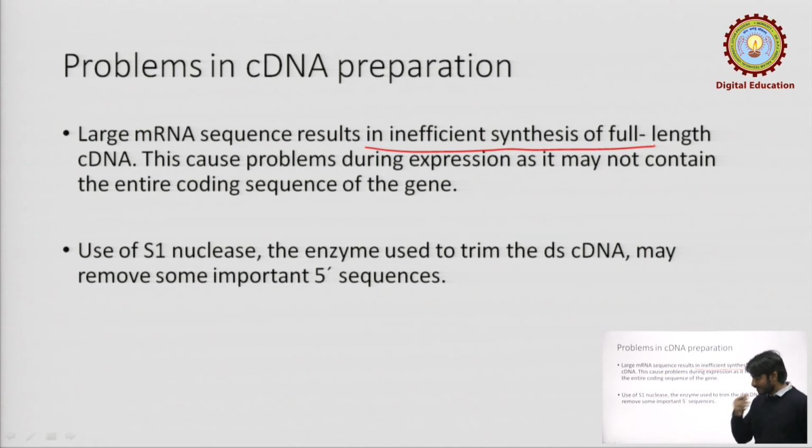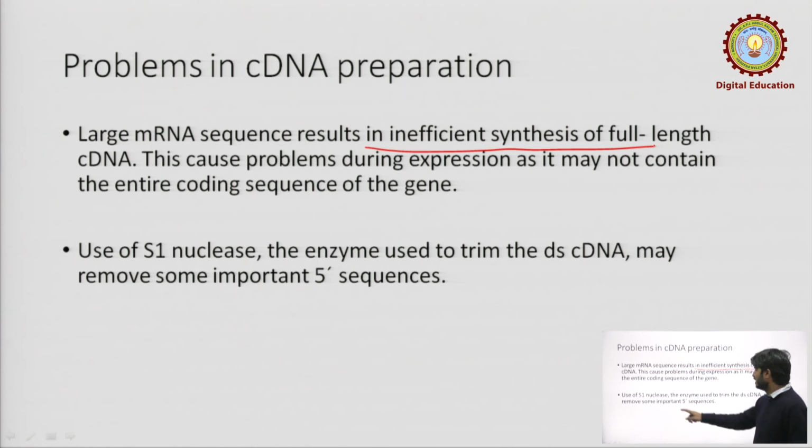As we know, a gene codes for a particular messenger RNA, from which we get the protein. Sometimes the gene sequence is too large and we are unable to synthesize the full-length complementary DNA from that messenger RNA due to its long size. So during the preparation of the cDNA library, we will not get the entire sequence of that gene.